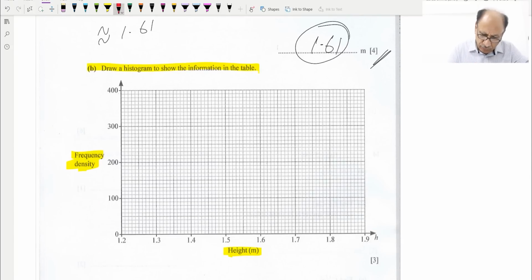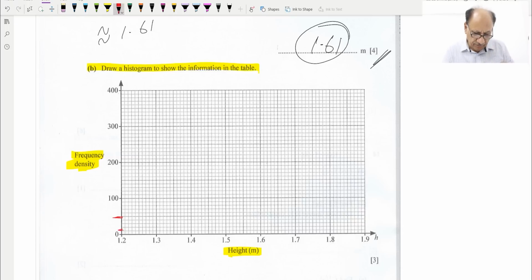This one is 50, so each one is basically equal to 10. So 12 will be a very small value up to 1.5.